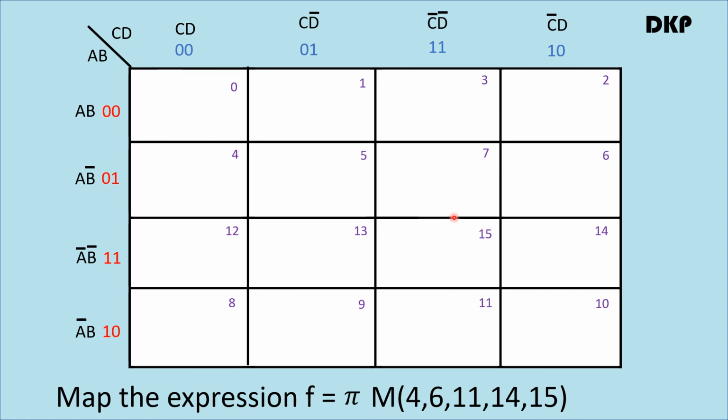So you have to place zeros in the corresponding cells, that is 4, then 6, 11, 14 and 15. Now the mapping is done.